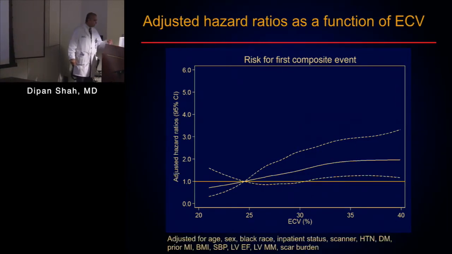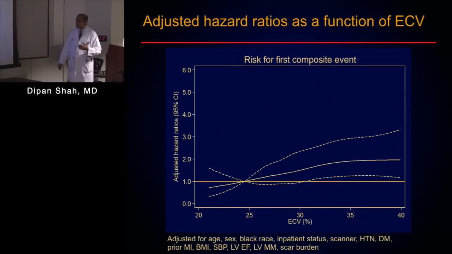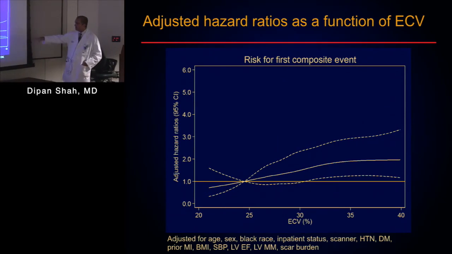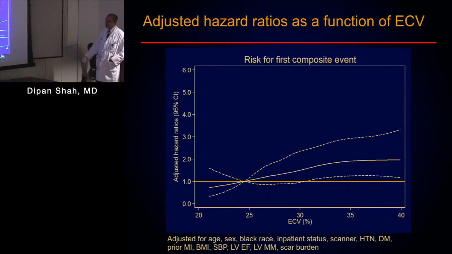Now, after you do adjustment, because one of the things, obviously, is the question: are there differences in baseline characteristics? So when you adjust, and again, when you have a large cohort like this, you're able to do multiple adjustments. So in this analysis here, it's adjusted for age, sex, race, inpatient status, scanner type, hypertension, diabetes, prior MI, body mass index, blood pressure, LVEF, LV mass, as well as replacement fibrosis.